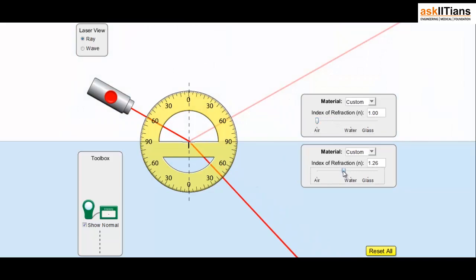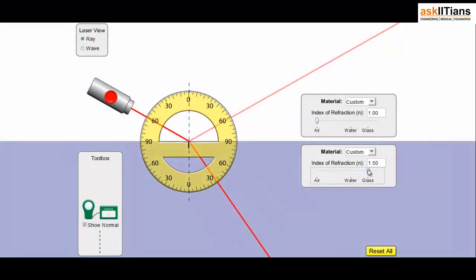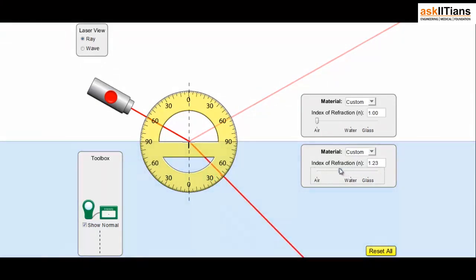Again, if I play along with this, increasing the refractive index, the angle of refraction decreases, it bends more towards the normal. So this is the maximum, 1.6, the maximum I can go to, because I have set 1.6 as the refractive index limit for this particular medium, and the same for the above. Again I can play along like this.